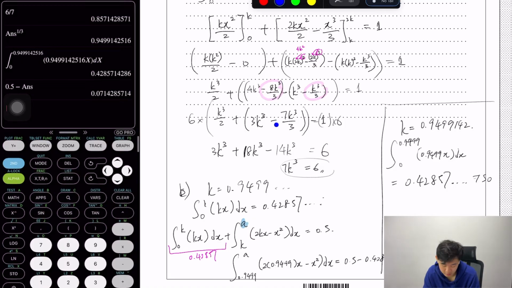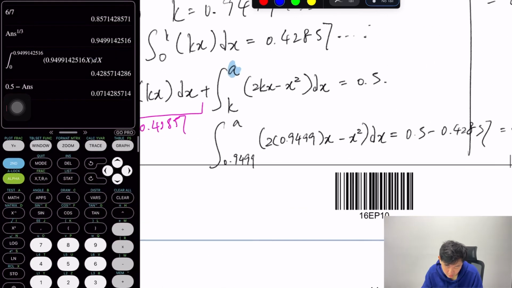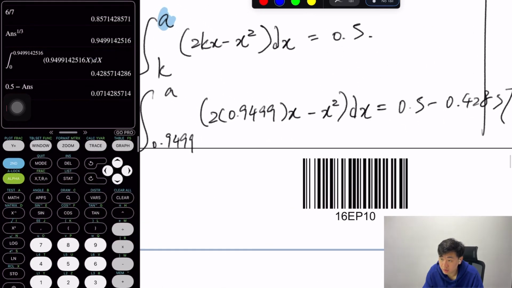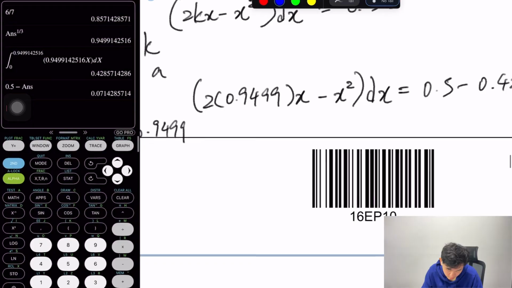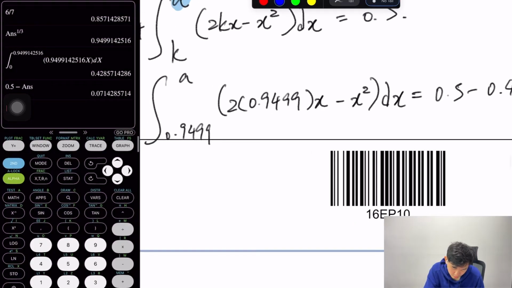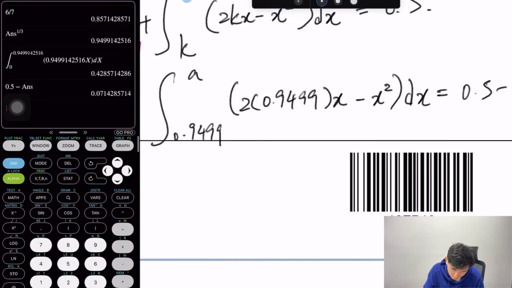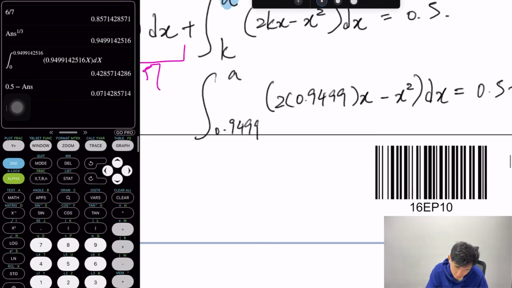Okay, so we just calculate that quickly. We're going to have, what is it? So that's going to be, gee, I don't want to calculate this.